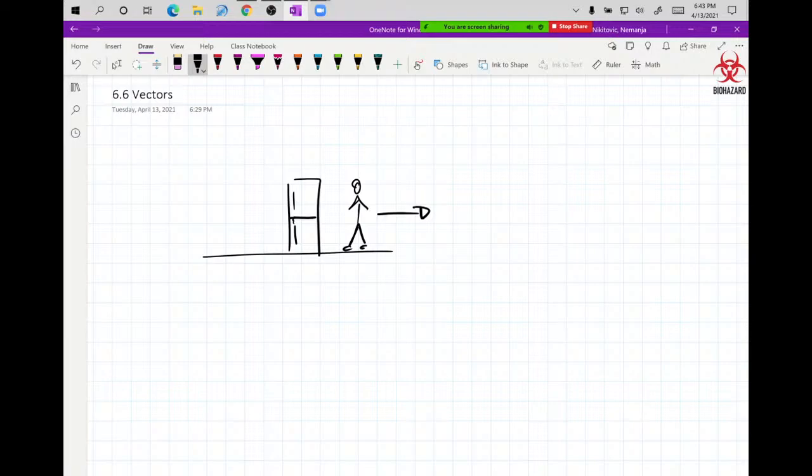The fridge did not move. You have to push in the correct direction. So force is going to be a vector because it's not just how strongly you push, but also in which direction you push. Same as, as I said, velocity. It's the direction in which you are driving along with the speed at which you are going. And obviously, everyone would quickly agree that it's important to have the correct direction when you are driving.